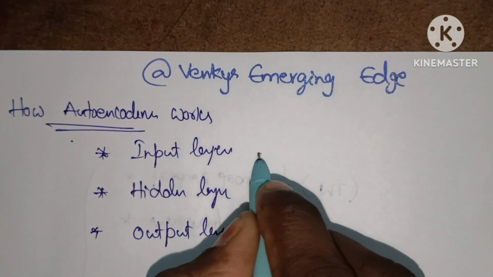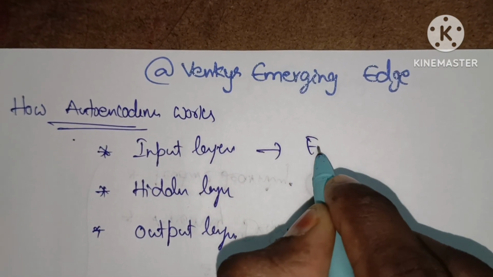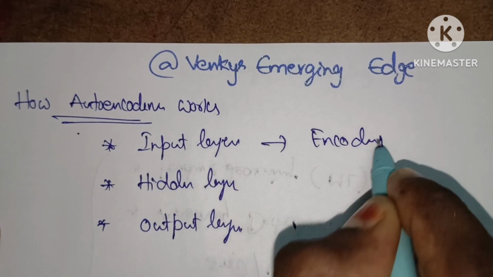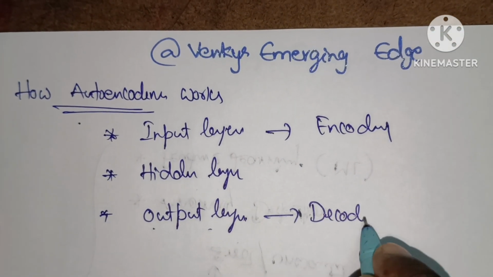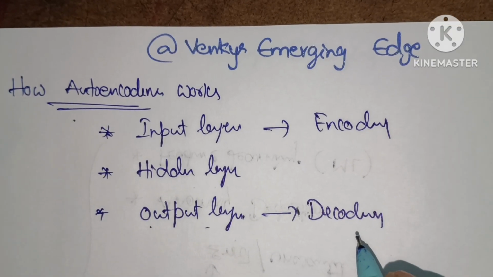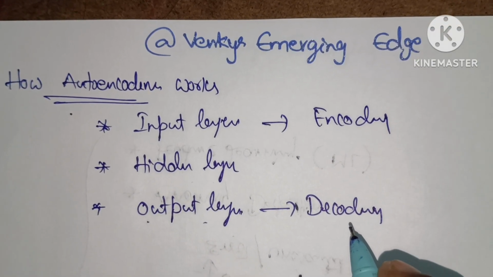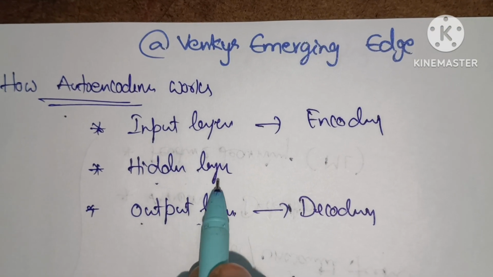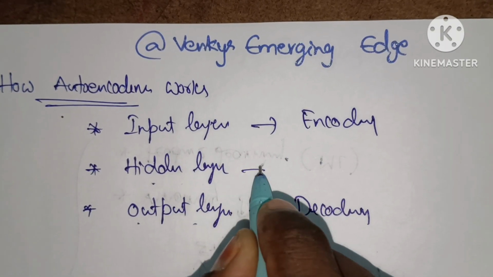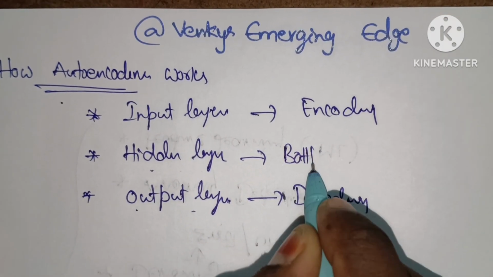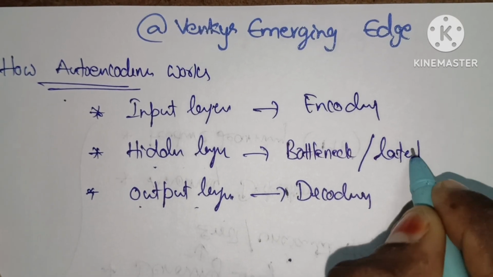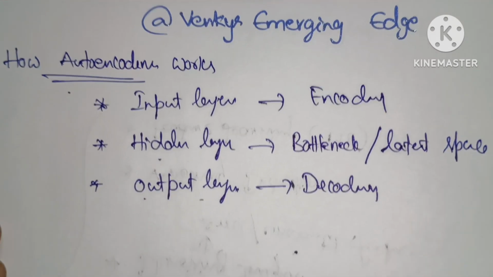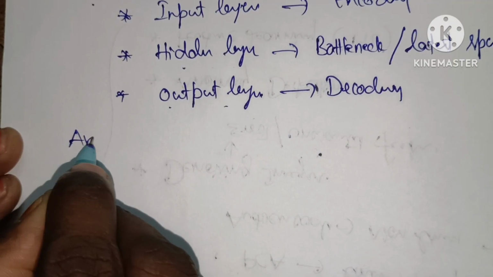The input layer is related to encoding, and the output layer is related to decoding. Is it clear? Okay. But the hidden layer is completely related to the bottleneck or latent space.